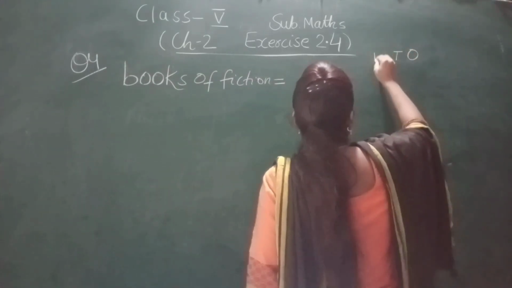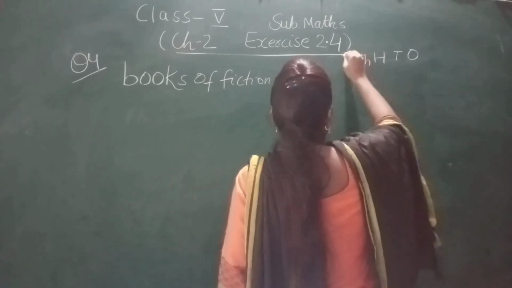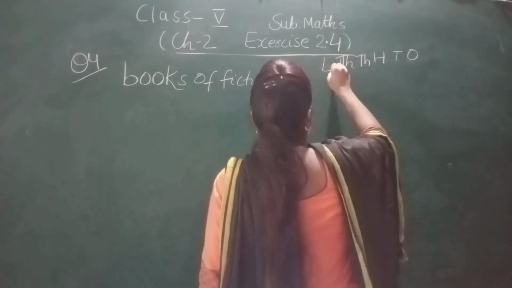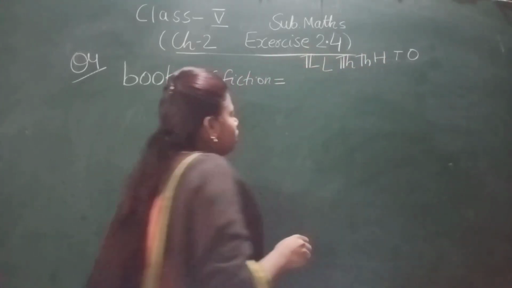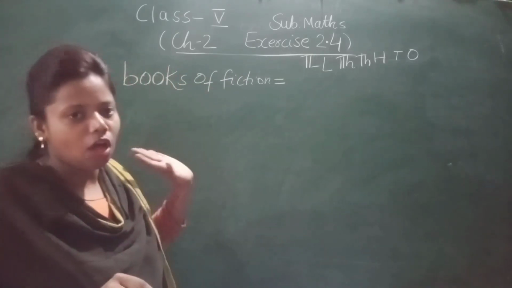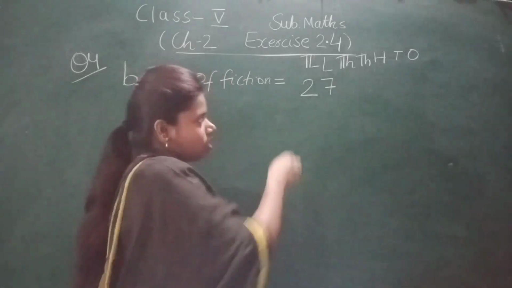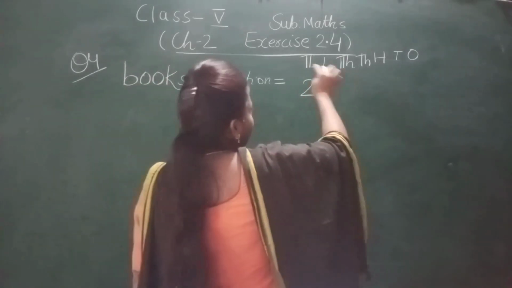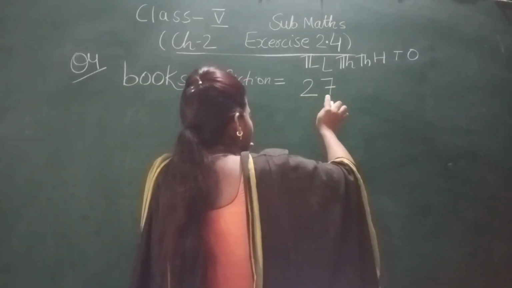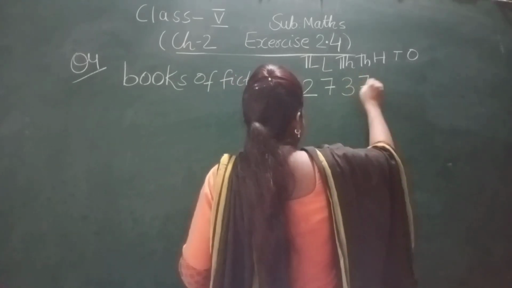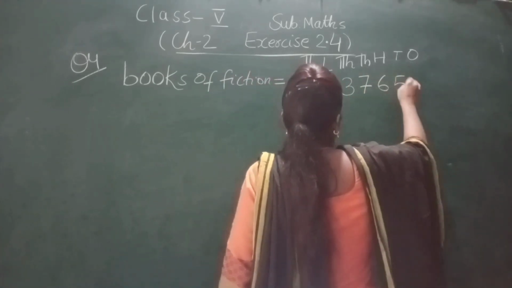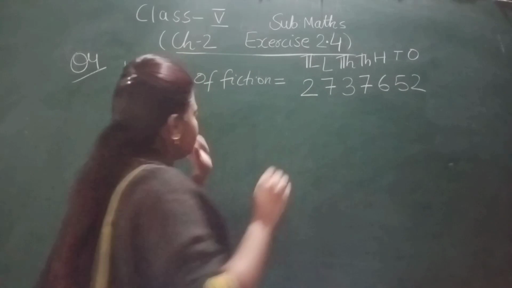Ones, tens, hundreds, thousands, 10,000, lakhs, and 10 lakhs. So books of fiction is 27 lakh. I have written this in the lakhs place. 27 lakh 37,652 books of fiction are there.